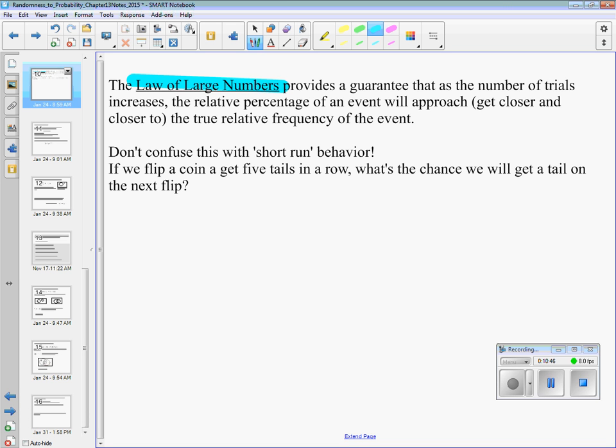Now, some people get confused with this whole idea of short-run behavior. Here's an example of that. Let's say that we're flipping coins, okay?